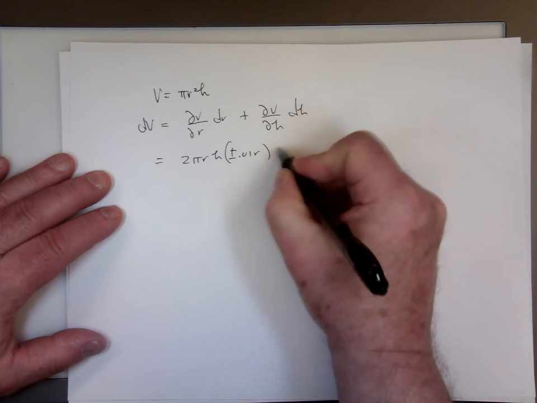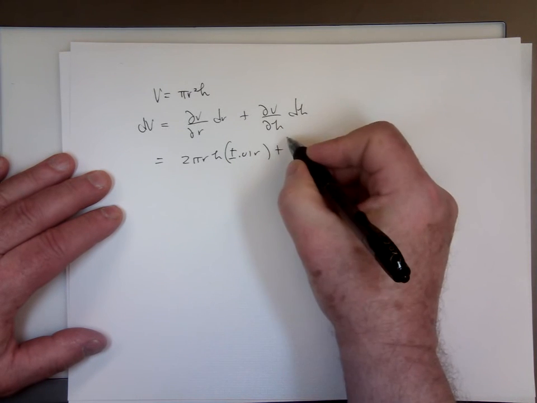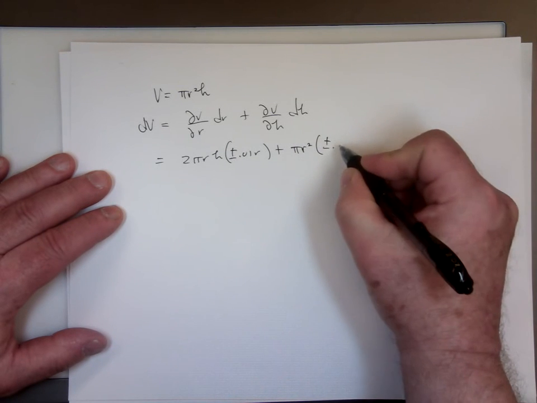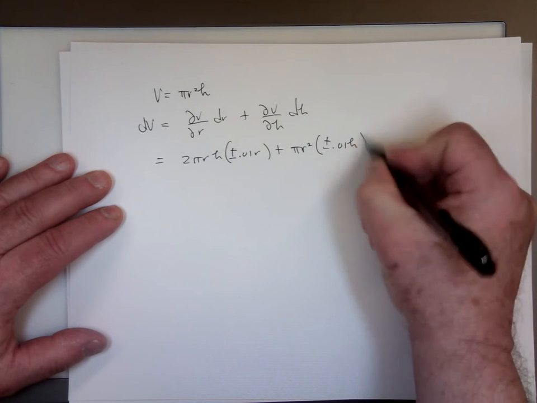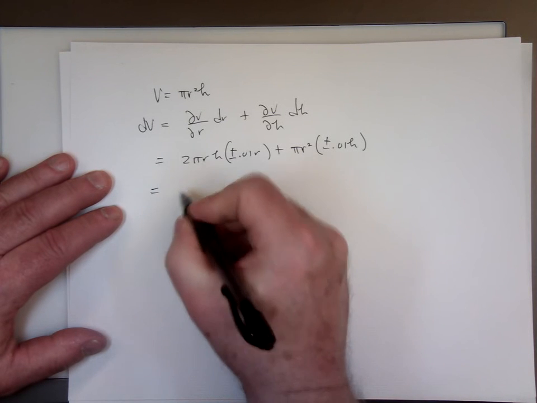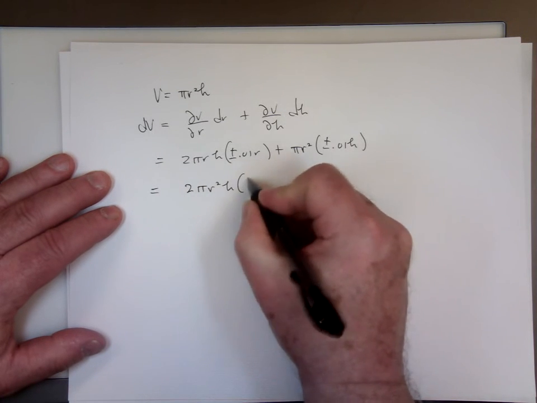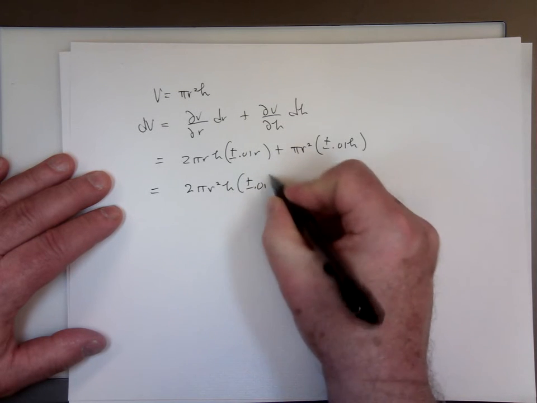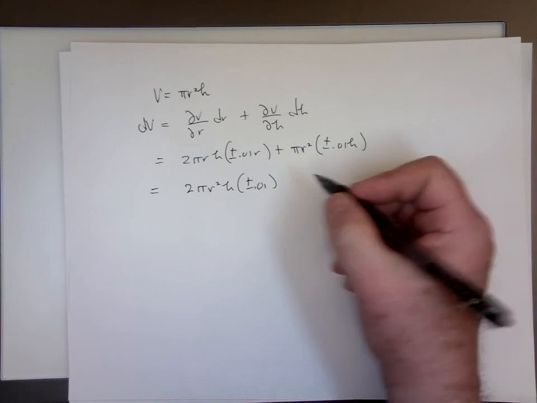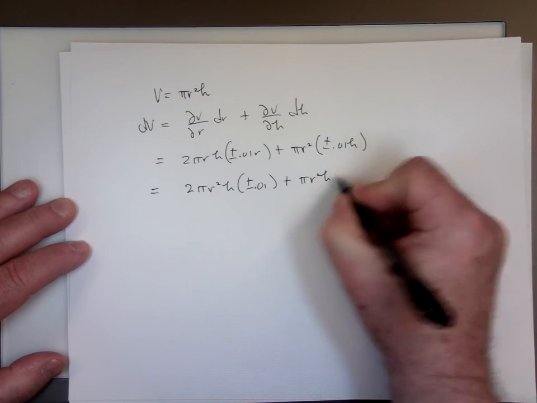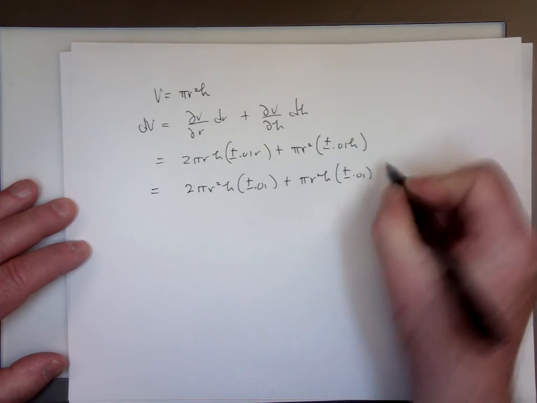Partial of v with respect to h is pi r squared, and then plus or minus 1% of h. So what happens here is we get 2 pi r squared h, plus or minus 0.01. I could have taken the plus or minus 0.01 out, but I didn't. Now I will take it out.